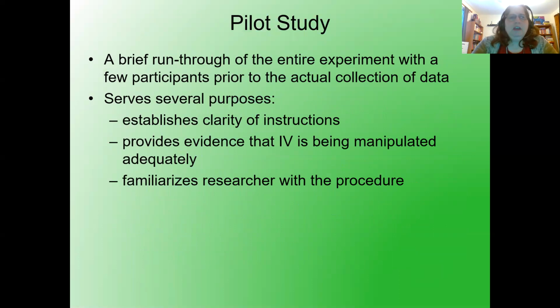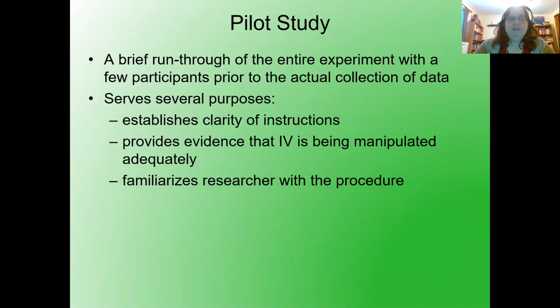Now, one thing that you could consider doing, and I don't think it's appropriate for this class unless you have a very specific reason for doing it, is a pilot study, which is a brief run-through of the entire experiment with just a few participants prior to the actual collection of data. And this is clever because it serves many purposes. It establishes the clarity of the instructions.